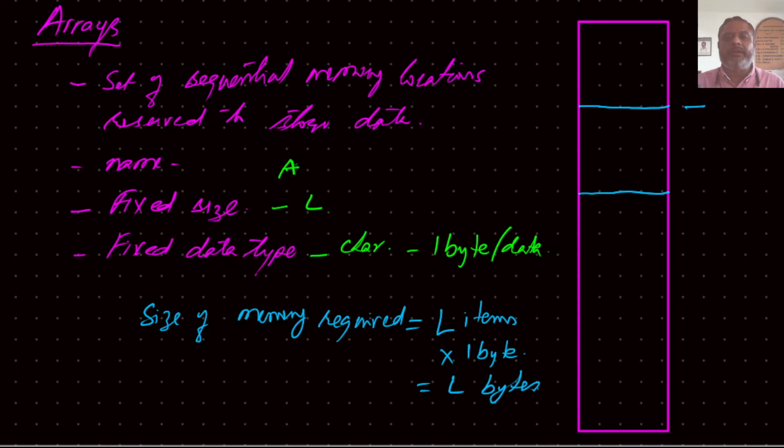So you just identify a location where consecutively L bytes of memory are available, and if you find any such thing, then call that the array A. So that's how it's implemented.